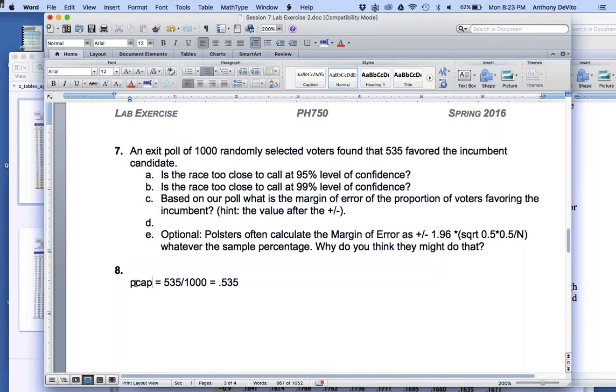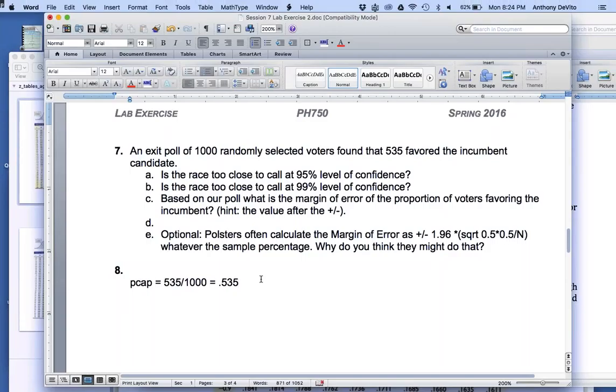The population proportion I'll call P, just like I called the population mean mu. My sample proportion, P cap, is going to be 0.535. That's my point estimate.